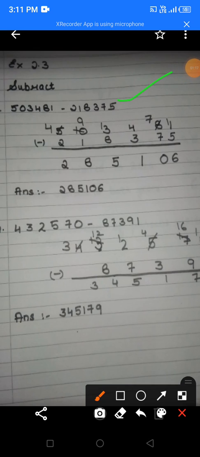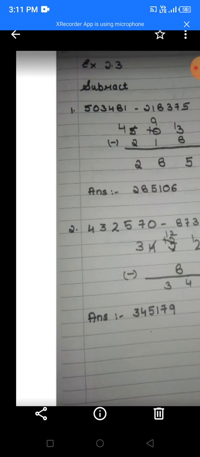Now, so how will you write? First, you will write all the numbers. The bigger number you will write first and the smaller number you will write second. See, children, first you will write the number, that is 5, 0, 3, 4, 8 and 1.